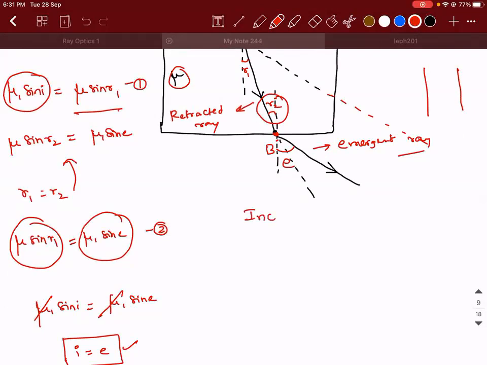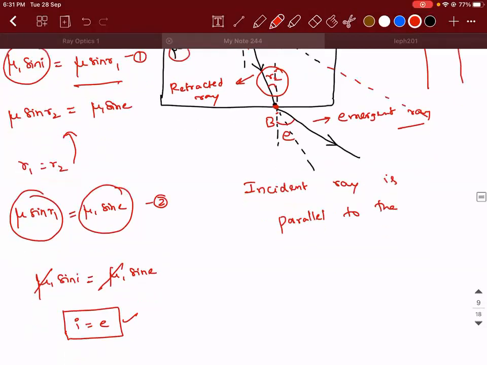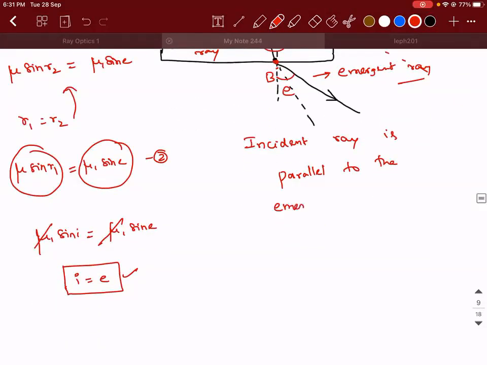So the important conclusion that we can draw from here is the incident ray is parallel to the emergent ray. Okay.